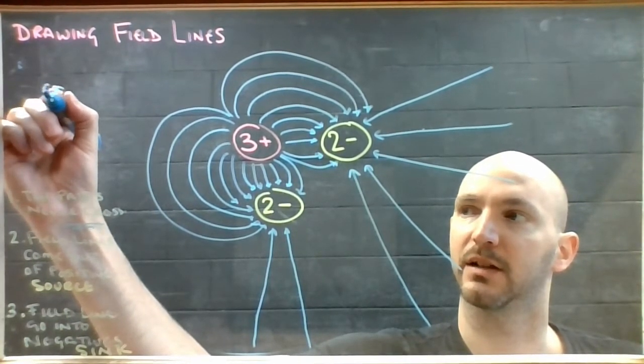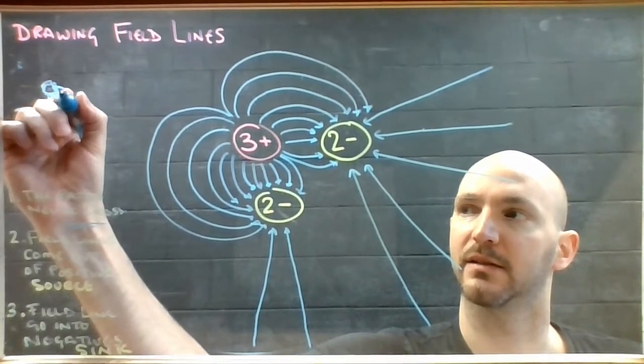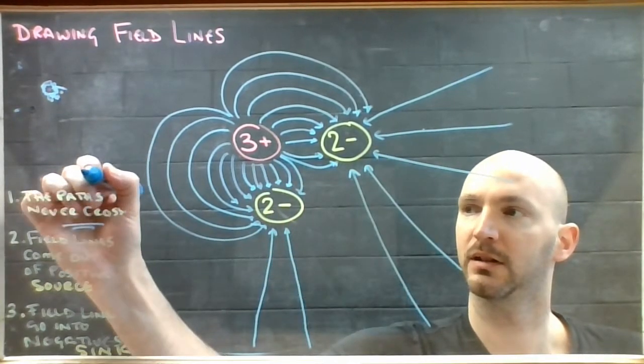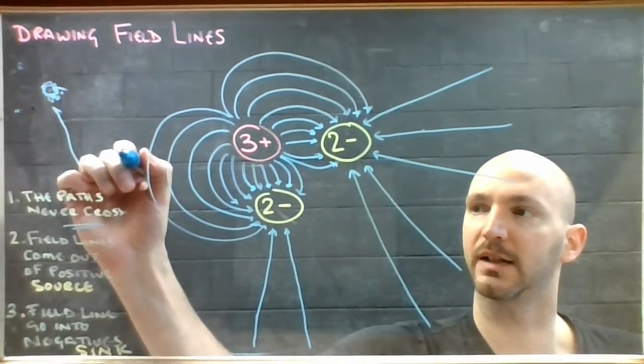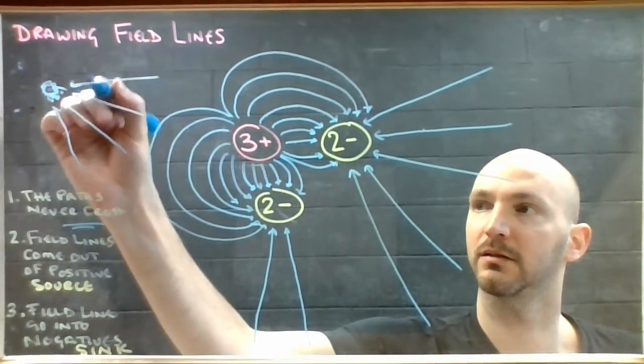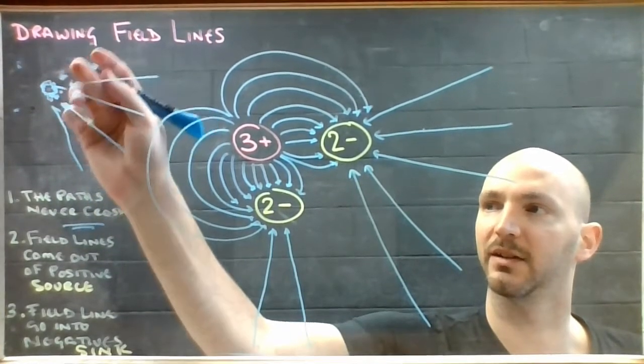All sorts of craziness happening right around these 3 objects. But then out in this end, there are field lines coming in like this. That should be pointing at the negatives.